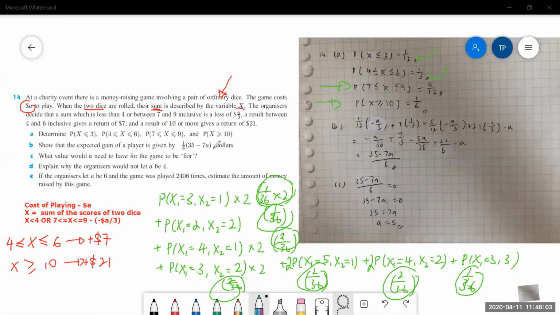Next, part B. Show that the expected gain of a player is given by this. Over here, they're asking for X. You need to show it in the exact form, like in the question.